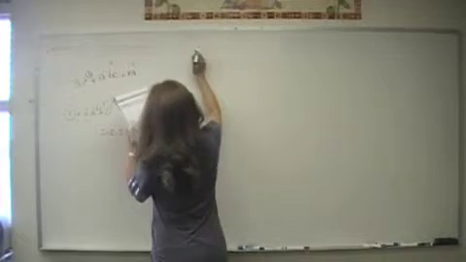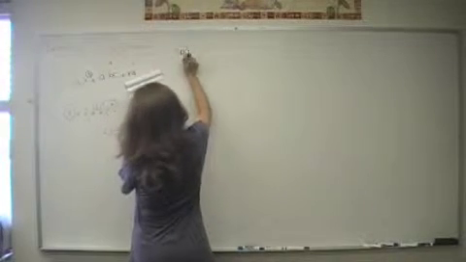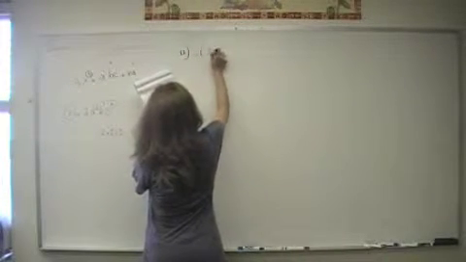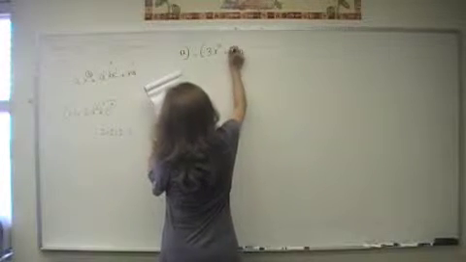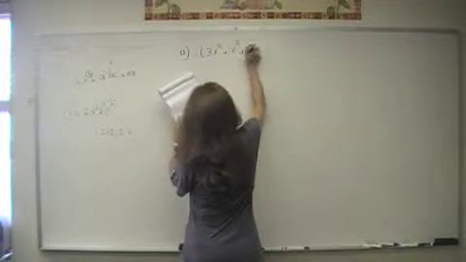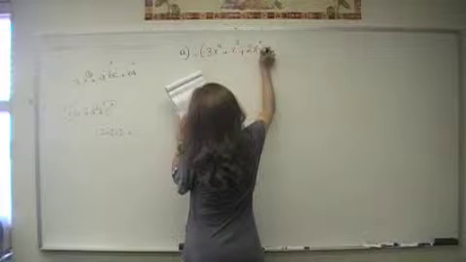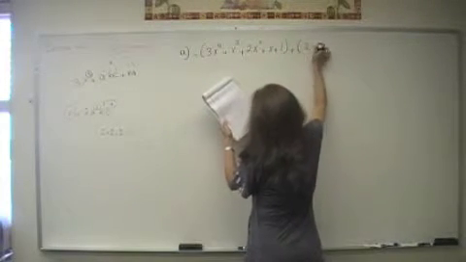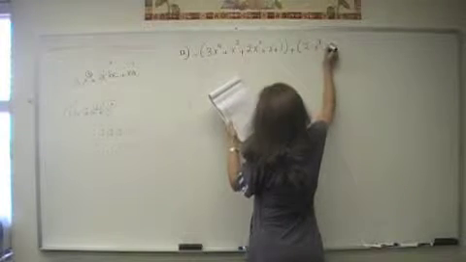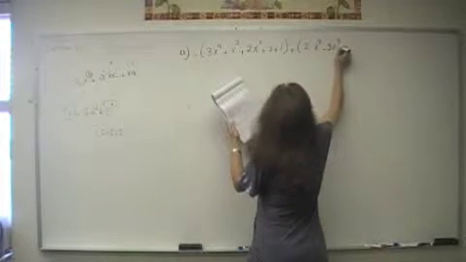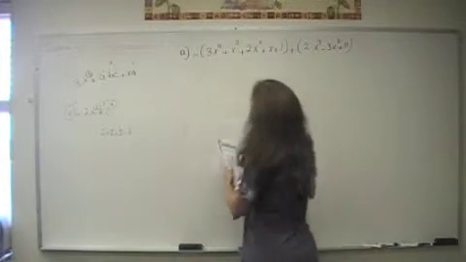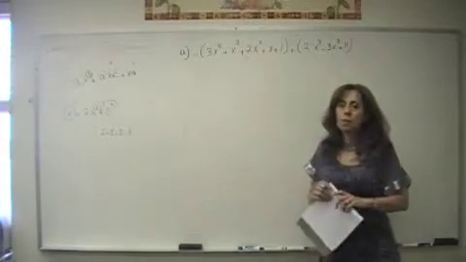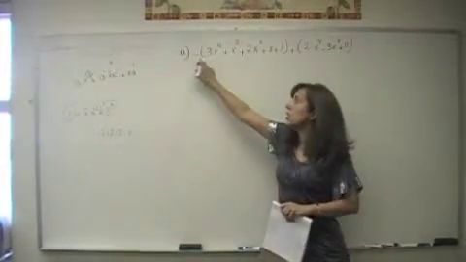Let's do some examples. A: negative 3x to the power of 4 plus x to the power of 3 plus 2x squared, x, 1. And the question would be simplify. I have a negative sign right here.